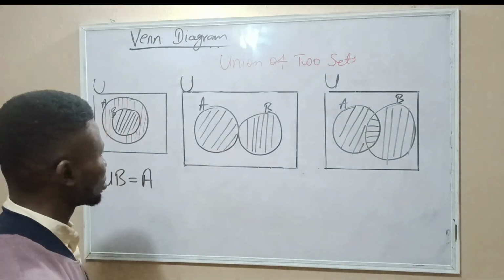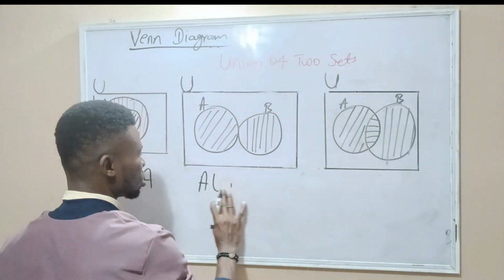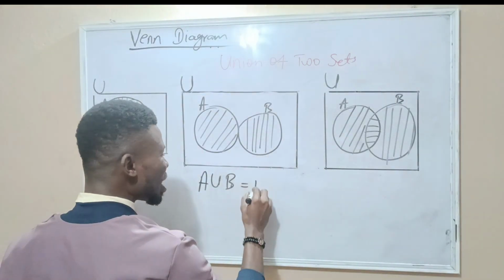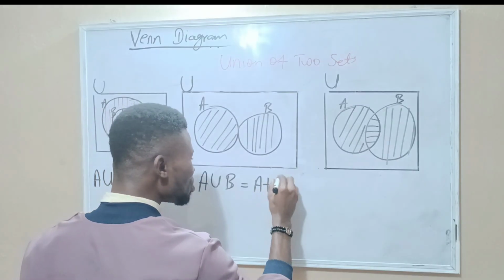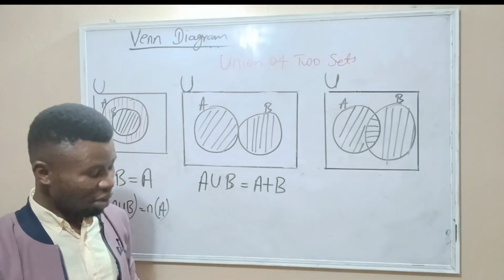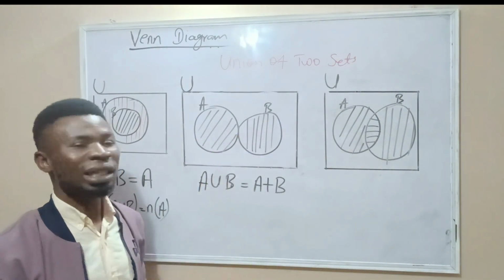But now coming to this one, the one at the center, A union B is equal to A plus B, because neither is a subset of the other, and they do not intersect either.